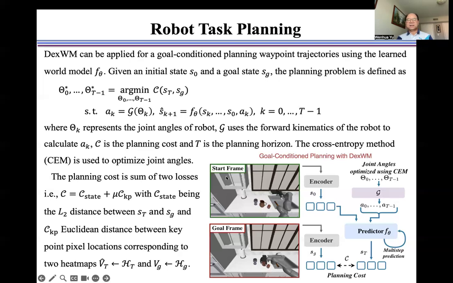As shown here, this is the start frame and this is the goal frame, this is the encoder, and these are the joint angles. The predictor uses these latent states and actions as an input to predict the next state. And this planning cost is used to optimize the waypoint trajectories, as shown here.